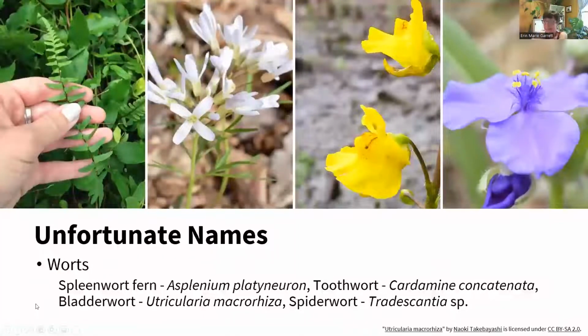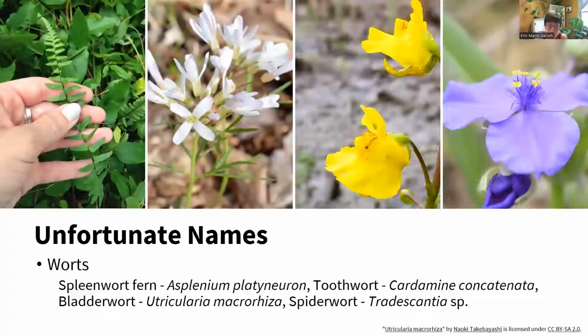All right, let's move into what I like to call the unfortunate names that, when you think about it, don't sound that pleasant. First we have plants with the word wart in their name. Of course, the wort in this case, W-O-R-T, comes from the Old English word wyrt, spelled W-Y-R-T. And that had a whole bunch of different meanings. It means plant, it means root, it means herb.